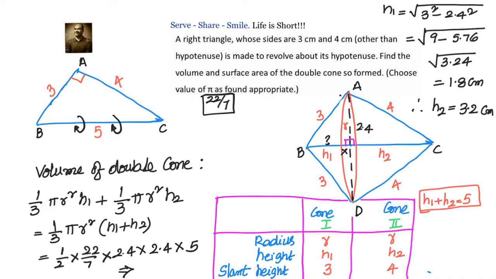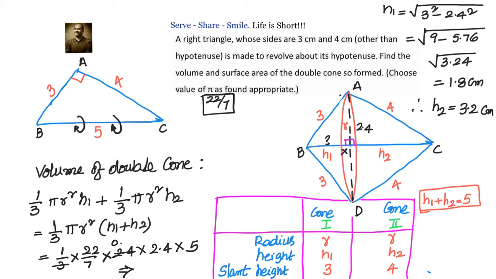So just simplifying, first we have to change that 2 to 3. So let me go ahead and do that. That is 1 by 3 pi r square into h1 plus h2. So we did that.